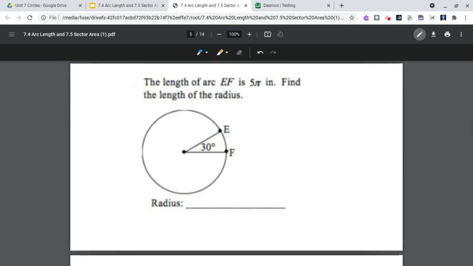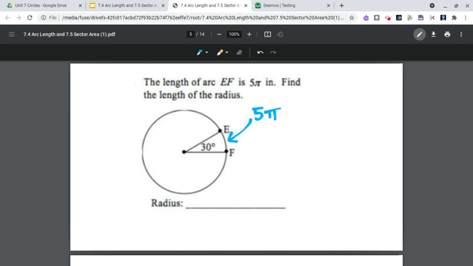Next question says, the length of arc EF is 5 pi inches. Find the length of the radius. So they actually are giving us the arc length here. They are giving us that the arc length is 5 pi.